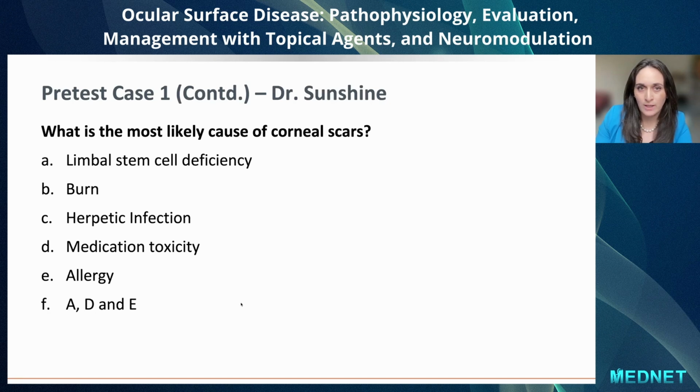So the question is, what is the most likely cause of corneal scars? A, limbal stem cell deficiency, B, burn, C, herpetic infection, D, medication toxicity, E, allergy, and F, A, D, and E. I'm going to give you a moment to answer that question for us.